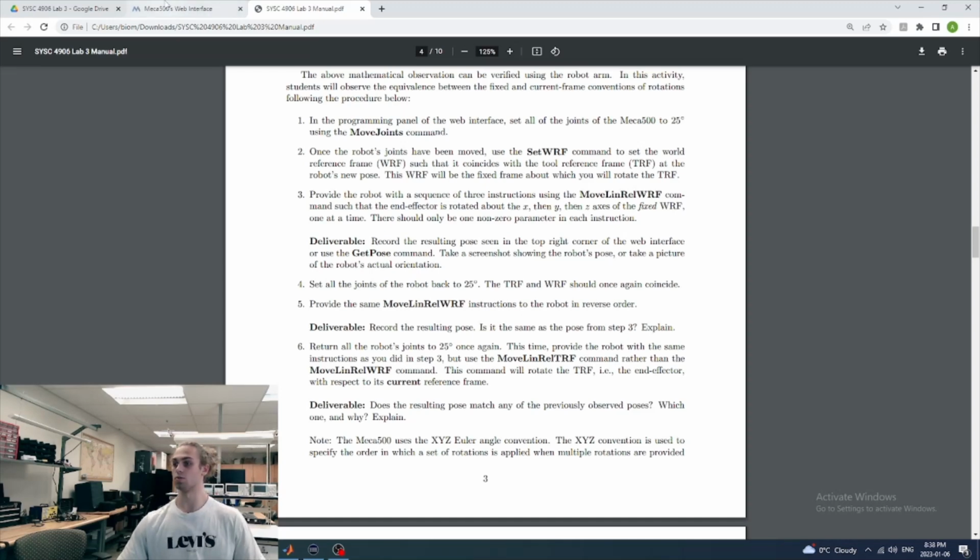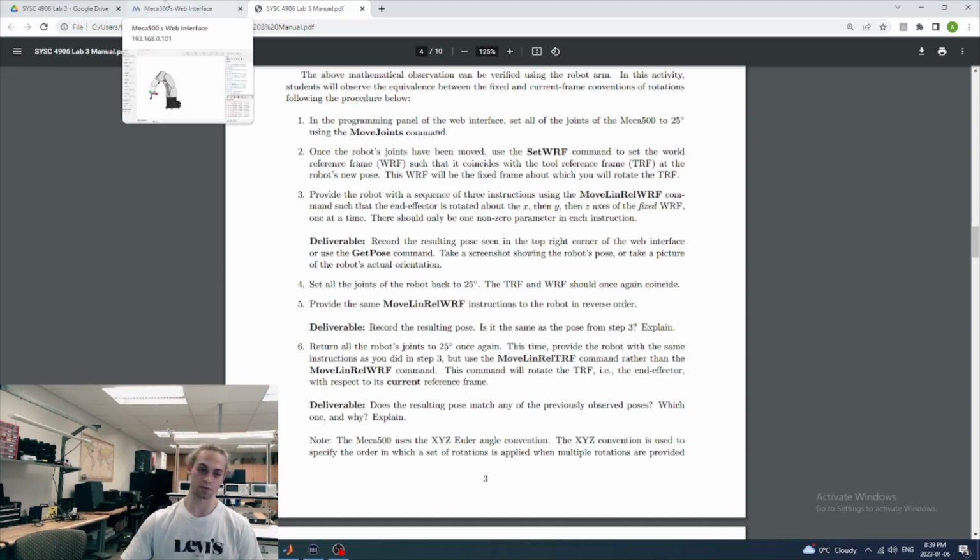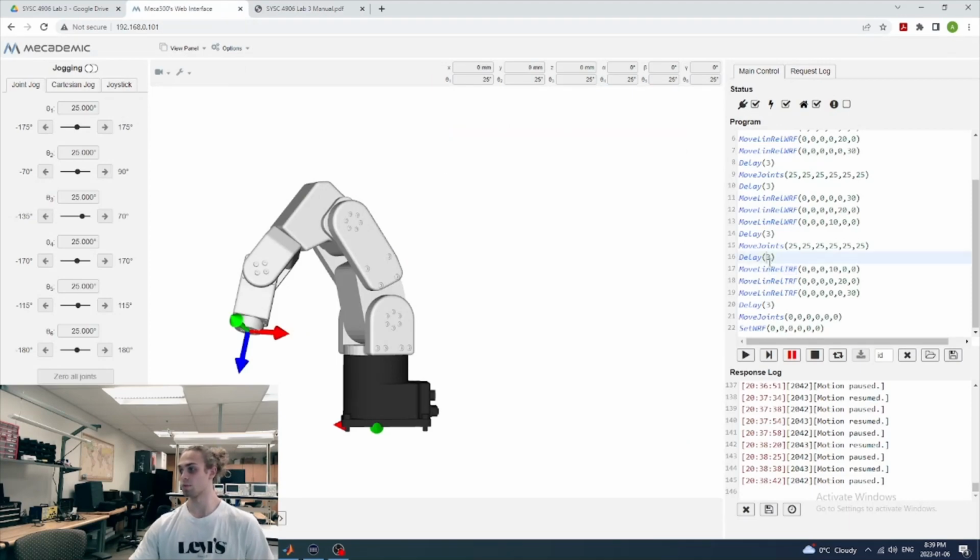And you guys can use either the same set of instructions as you did in the first or the second part, just using the tool reference frame, and you'll see that it's similar to one of them. So for example, for me, I've provided x 10, y 20, z 30 degrees in that order.